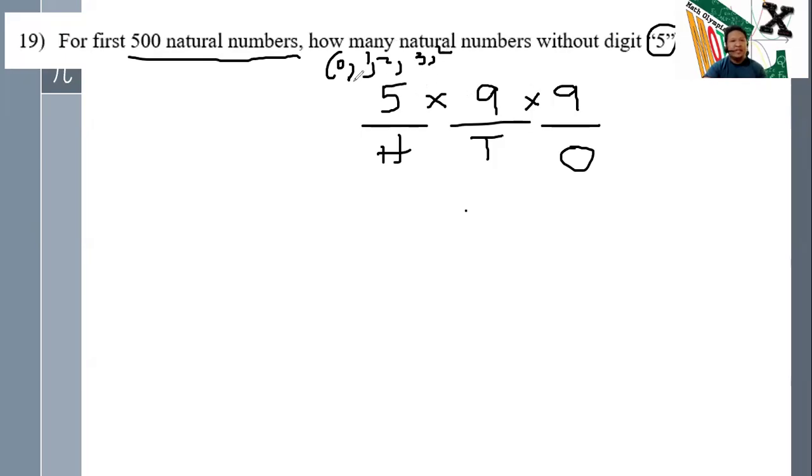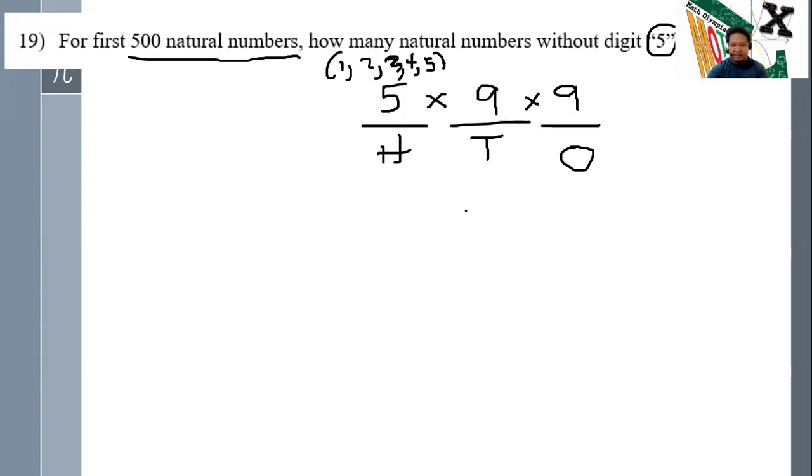No, sorry, it should be 1, 2, 3, 4, and 5, including the 5 for that case. So technically we have five ways. But for the tens digit and the ones digit, we have 9 ways only, except for 5. So 5 times 9 times 9, what's the answer for that?